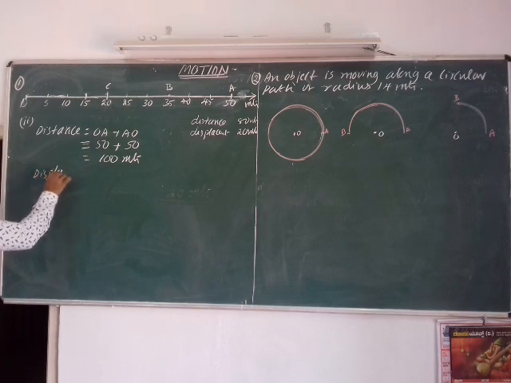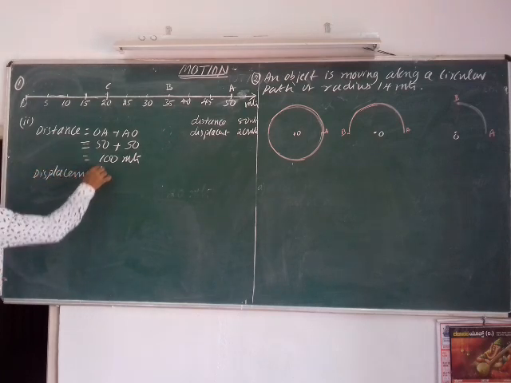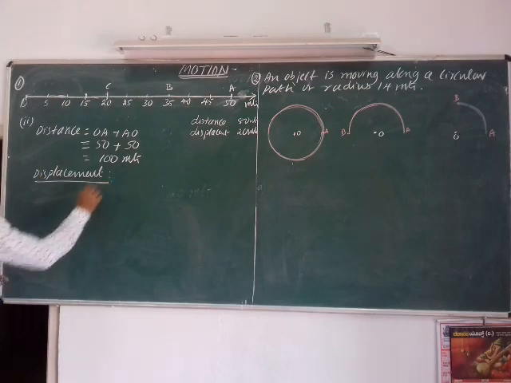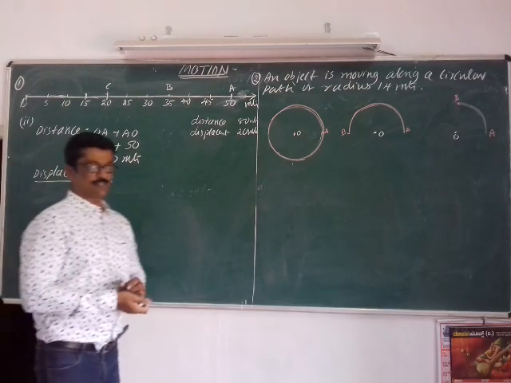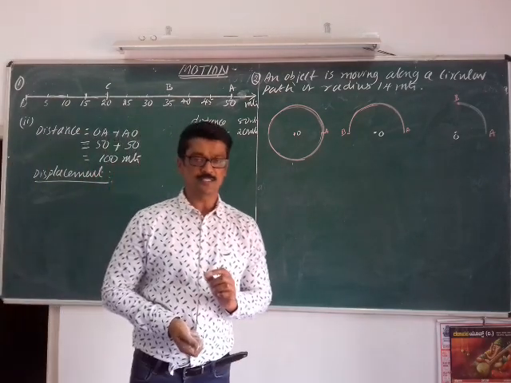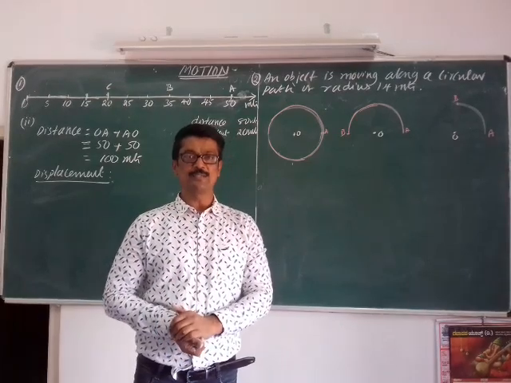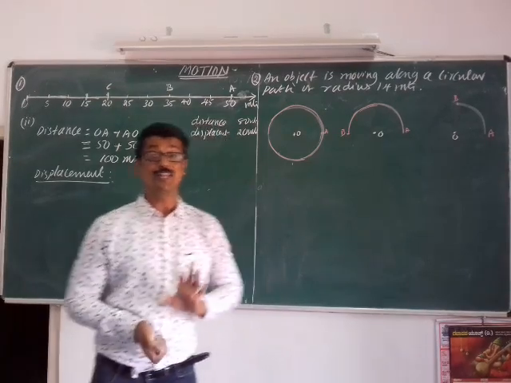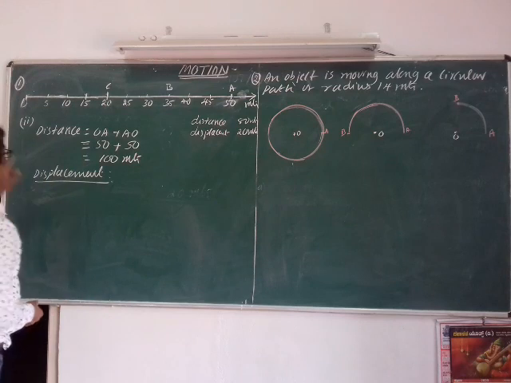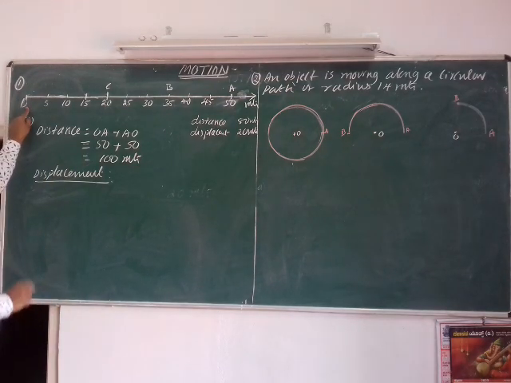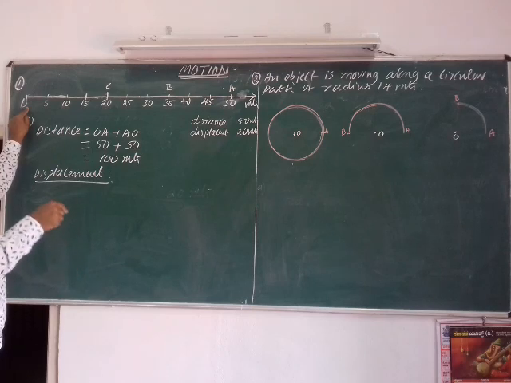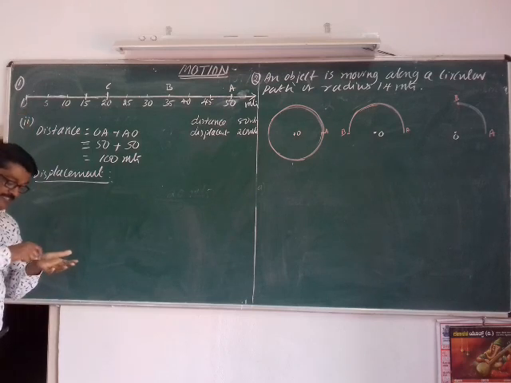Displacement. Displacement is how much? We should stick to the definition. Shortest path between initial position and final position. See here, initial position is O. Final position is also O. Here, final position coincides with initial position.